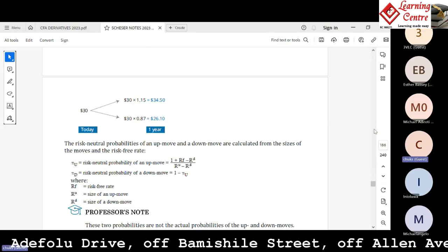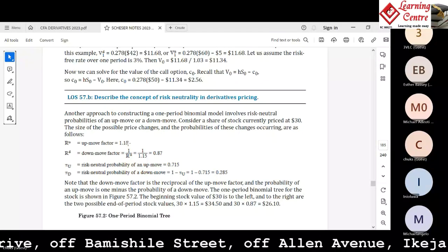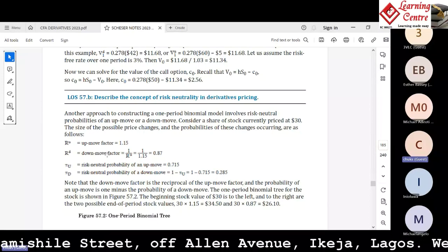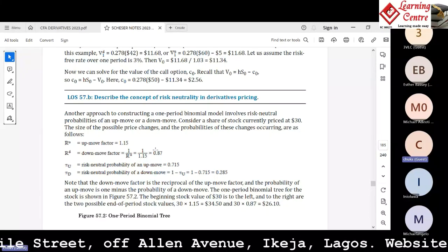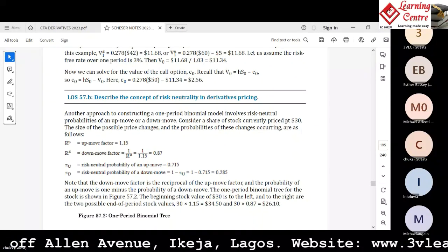So here we've been given 1.15, which is the up move factor if it goes up. And the factor for a down move is 0.87. And we have been given the price at 30.